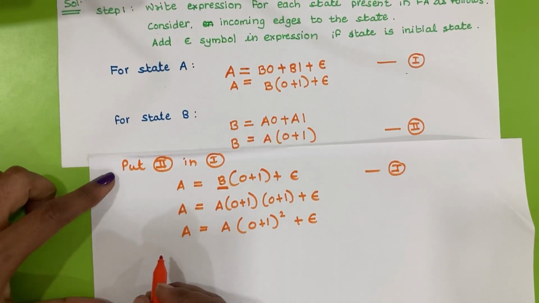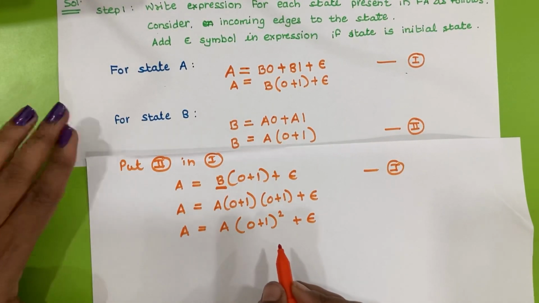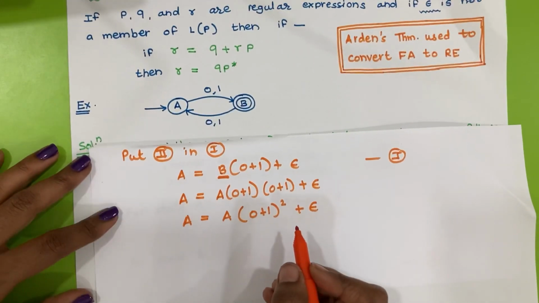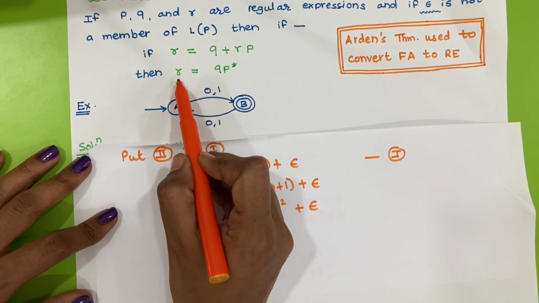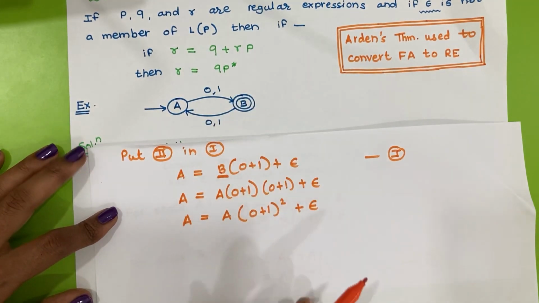Now here I can apply Arden's theorem. Arden's theorem says if R is equal to Q plus RP, then we can write R is equal to QP star.